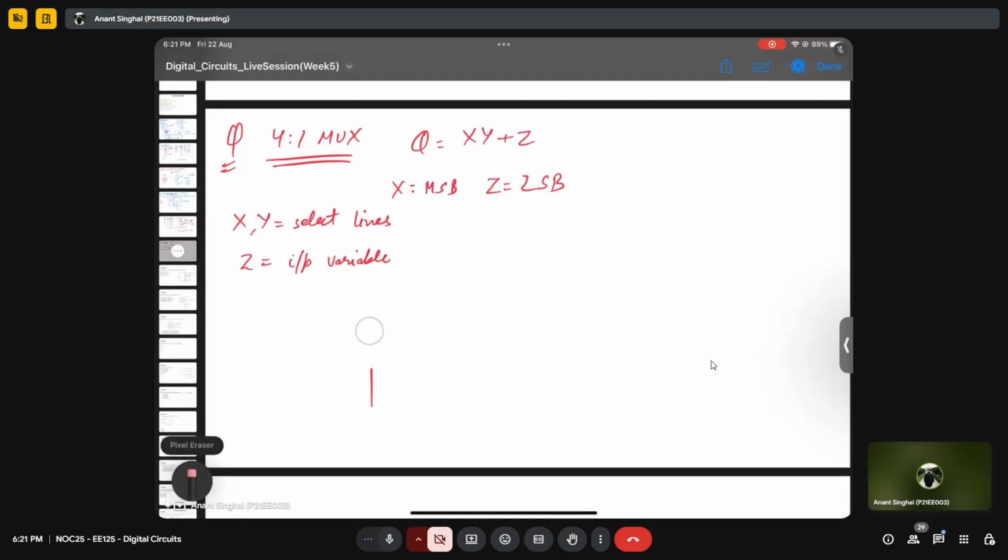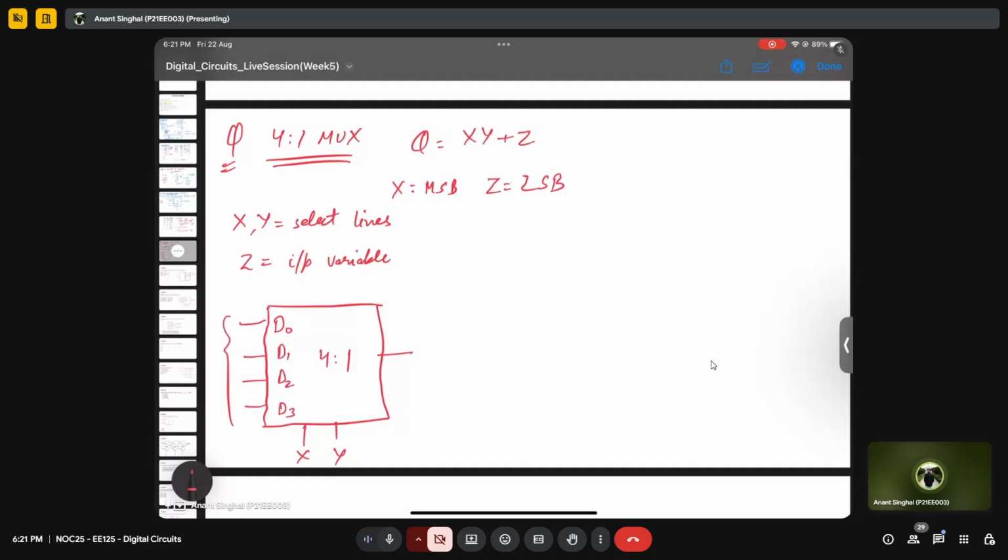So let me try to make that. Let's say this is D0, D1, D2, D3. As I said, the select lines are X and Y. Output is this. So this is nothing but a 4 cross 1 MUX. You need to find D0, D1, D2, D3.